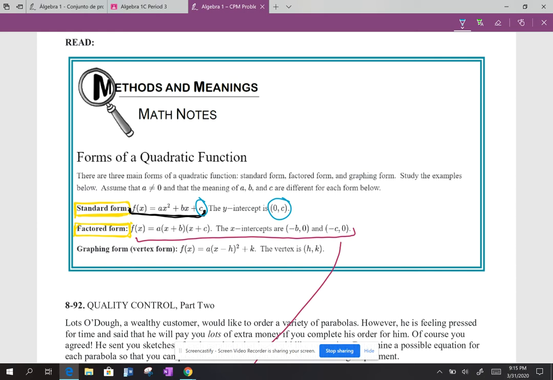For factored form, you have an equation that's either y equals or f of x equals, and then you have a, some common factor that maybe you factored out, and then parentheses x plus b times x plus c.